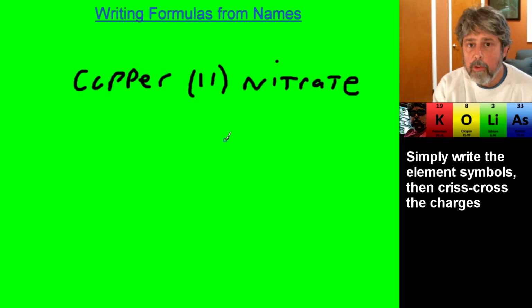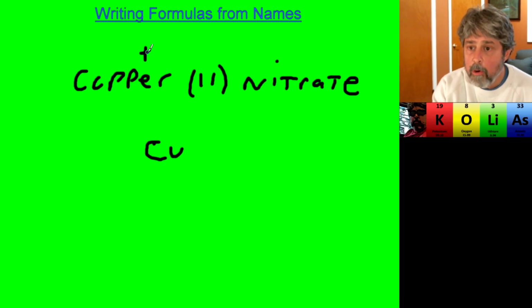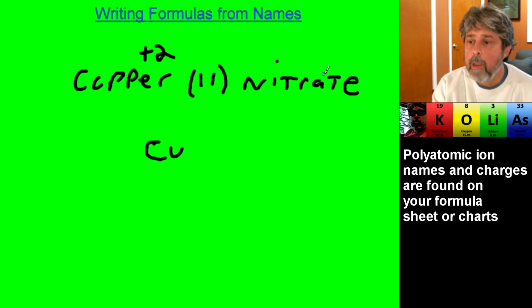Here's another one with a transition metal and a polyatomic. We have our copper. Copper is Cu. It has a +2 charge. We know that because of the Roman numeral. I'm just going to put it up here to keep it out of the way. And nitrate, polyatomic, -ate. You should be thinking, formula sheet. This is not nitrogen, which would be nitride. This is nitrate.